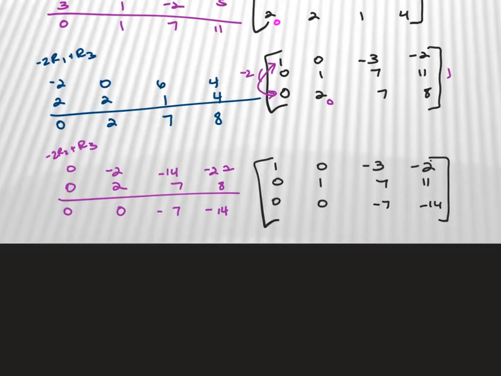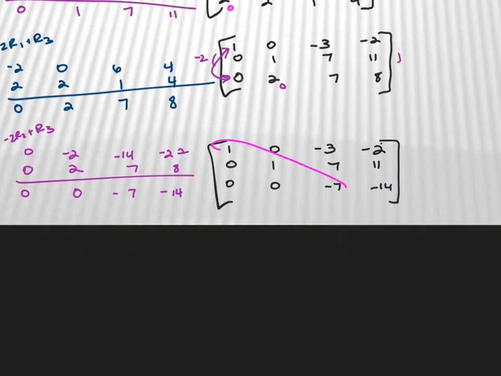So I have all my zeros. I just need the diagonal of 1s, which means I have to take that bottom row and multiply it times what? -1/7. So I'm going to get 1, 0, -3, -2, 0, 1, 7, 11, 0, 0, 1, 2.